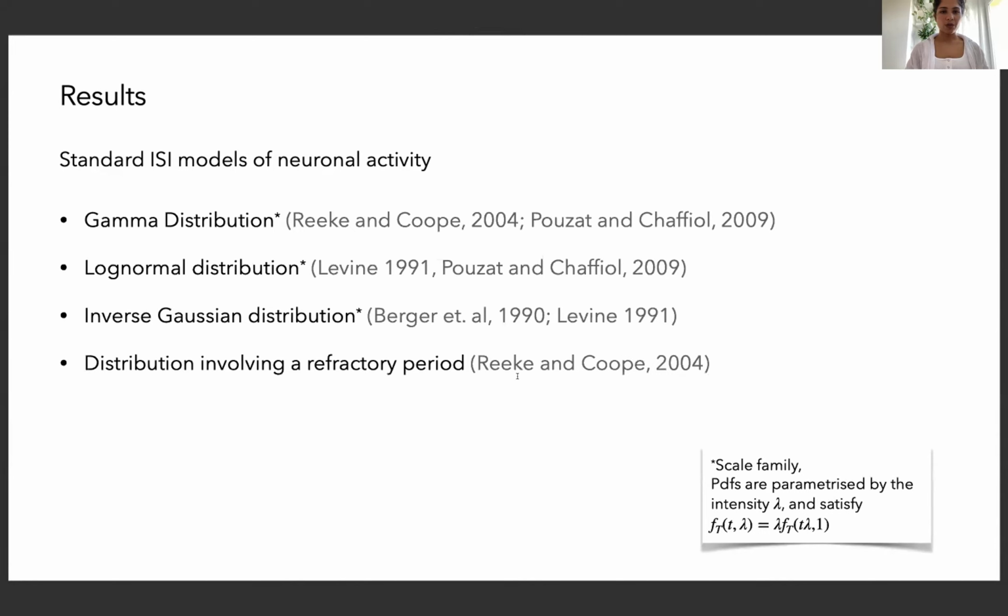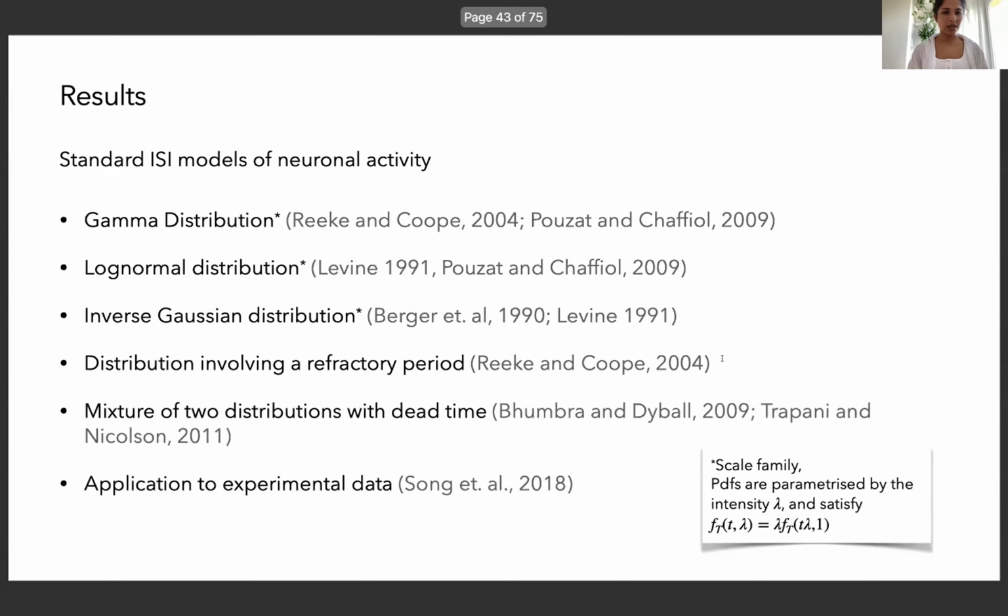First, I'm going to show you the results for the variability and randomness for these four distributions together. After that, we are going to take a look at something slightly more complicated, the mixture of two distributions. Analytically, this gets more complicated. After that, we're going to look at what all of this actually means when it comes to experimental data, and where we can apply the analysis that we have seen in this talk.